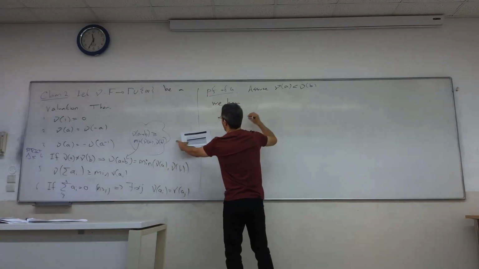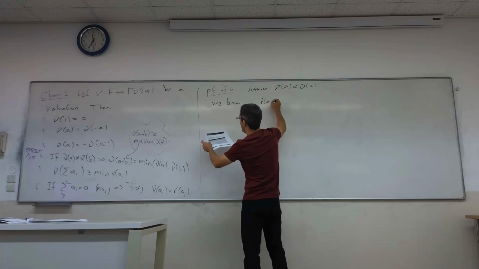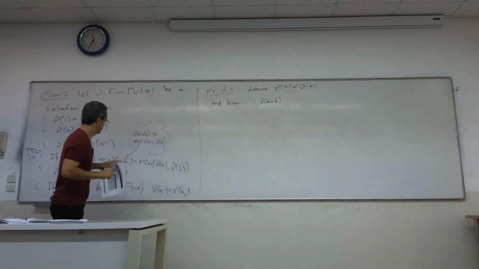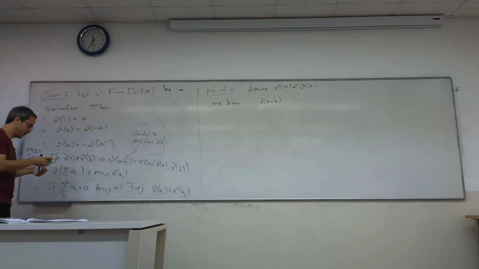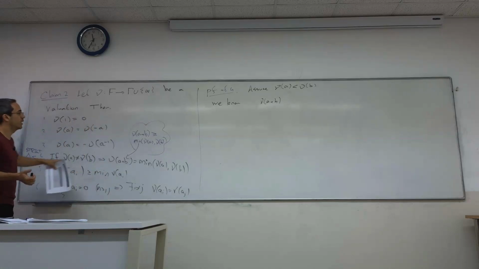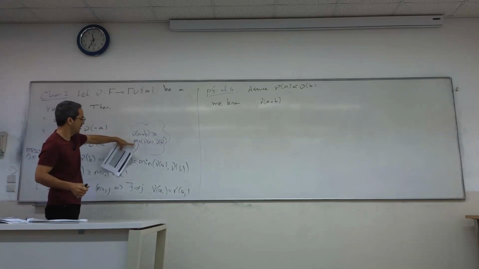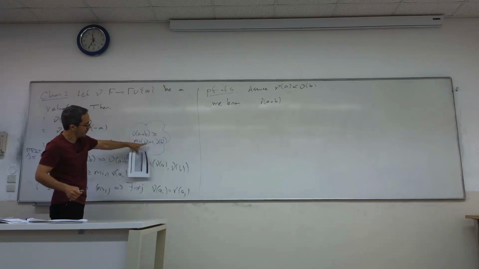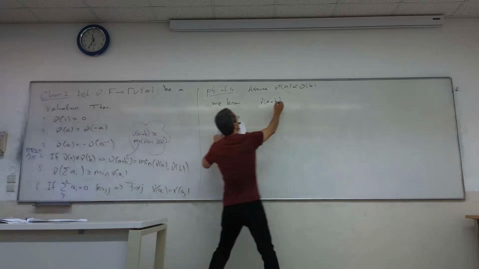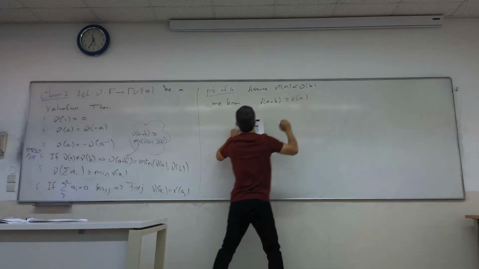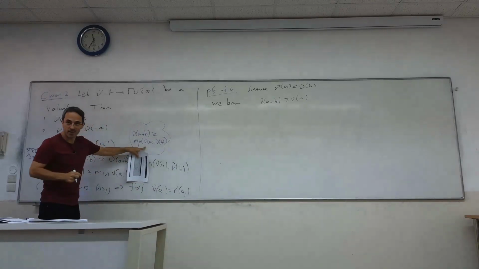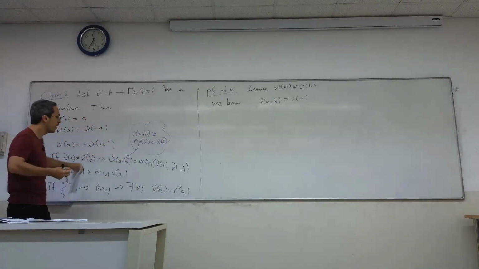And we know the triangle inequality, right? We know by the triangle inequality that V of A plus B is larger or equal than the minimum, and they have different valuations. We know that this is larger or equal than V of A. That's the minimum. But we want to prove that there is an equality, right?